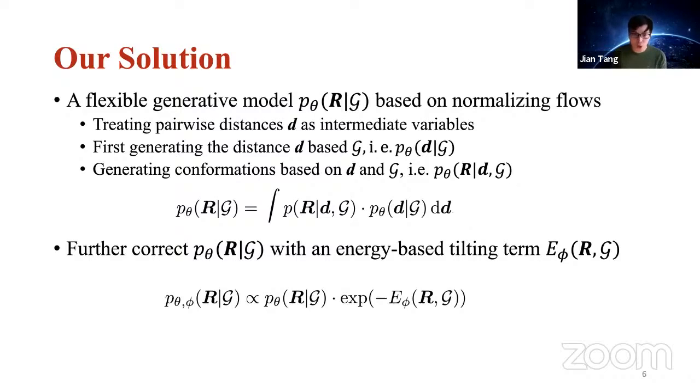That's why we treat the pairwise distances D as the intermediate variables. In other words, we can divide this distribution into the product of two distributions: first generate the distance D, and then generate the conformation.